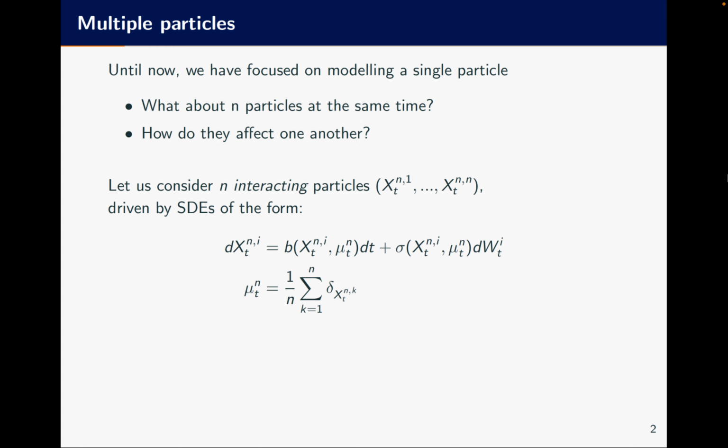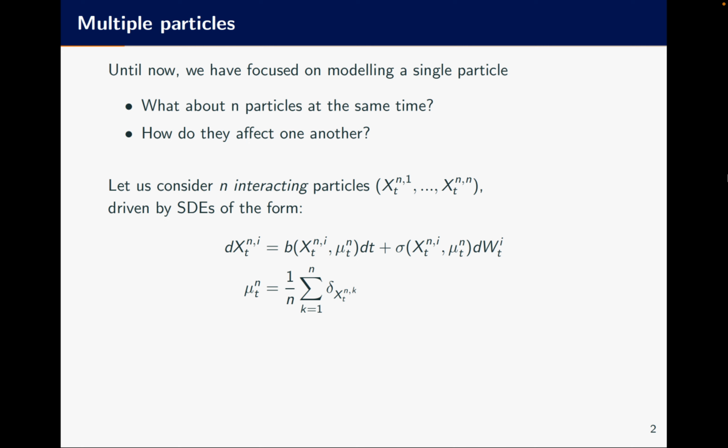Let us consider n interacting particles, x sub t of i, for i from 1 to n, driven by SDEs of this form. Each particle is driven by an independent Brownian motion, w sub t of i.